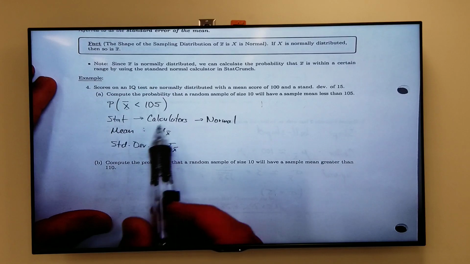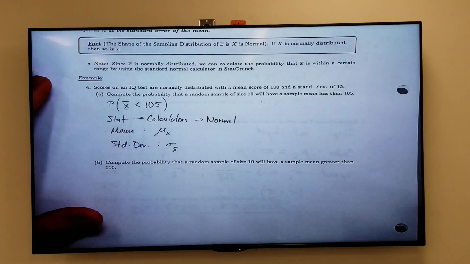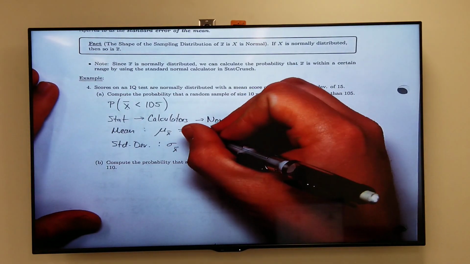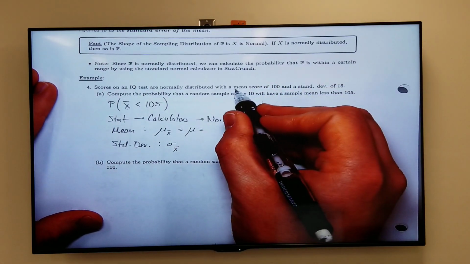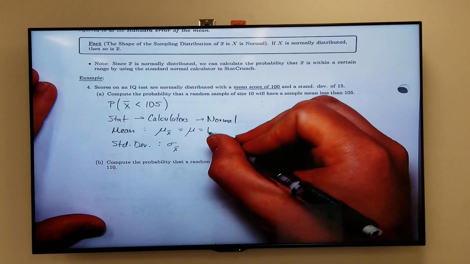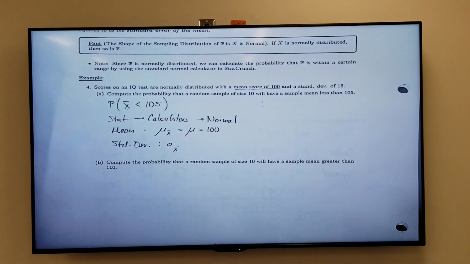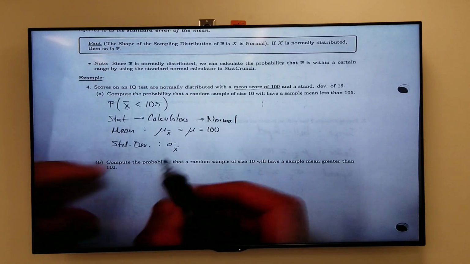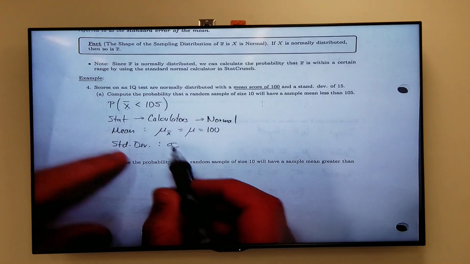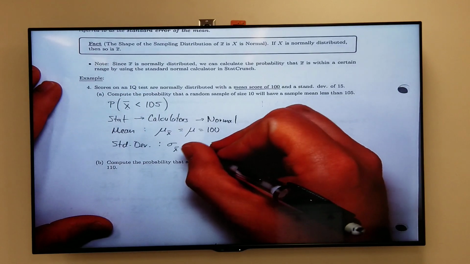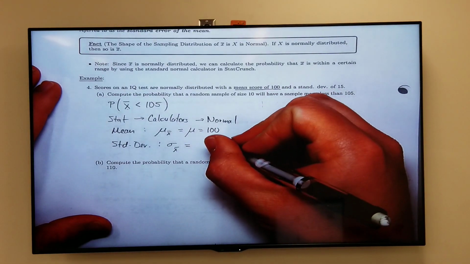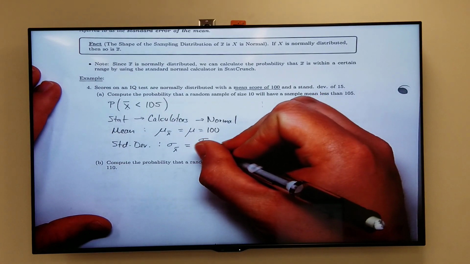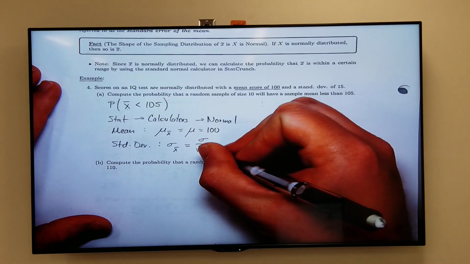Well, mu sub x bar happens to be the same thing as the population mean, which in this case is 100. The standard deviation, though, sigma sub x bar, is not the same thing as the population standard deviation. It is the same thing as the population standard deviation divided by the square root of the sample size, right?